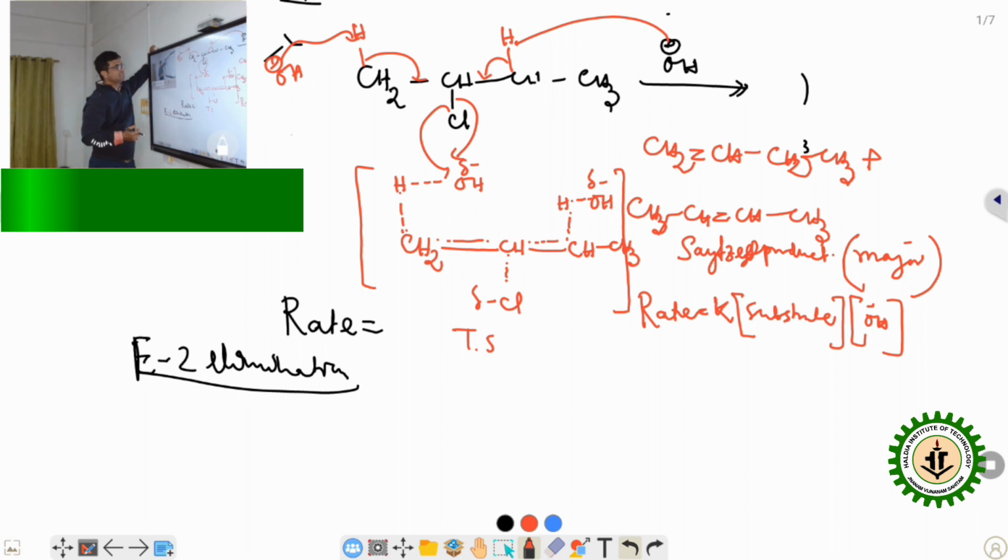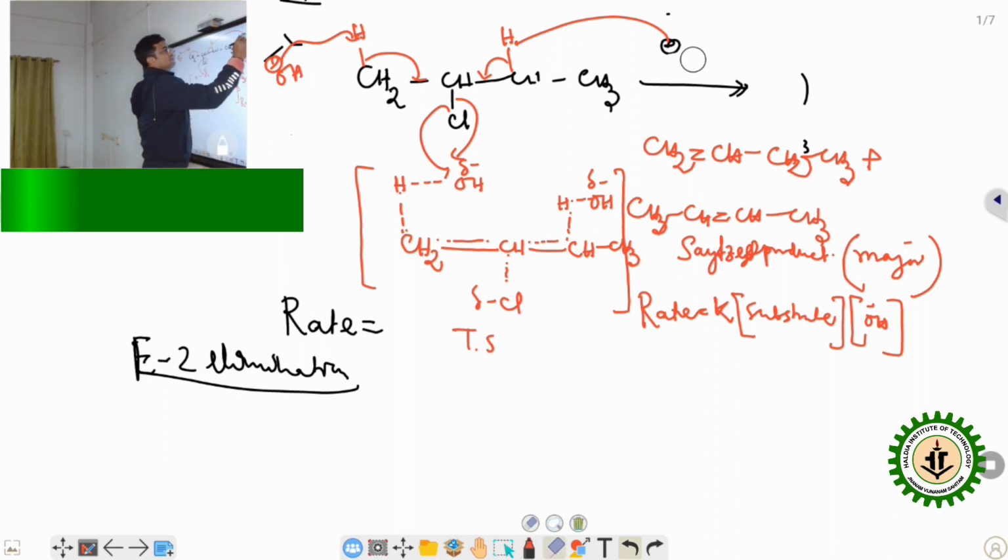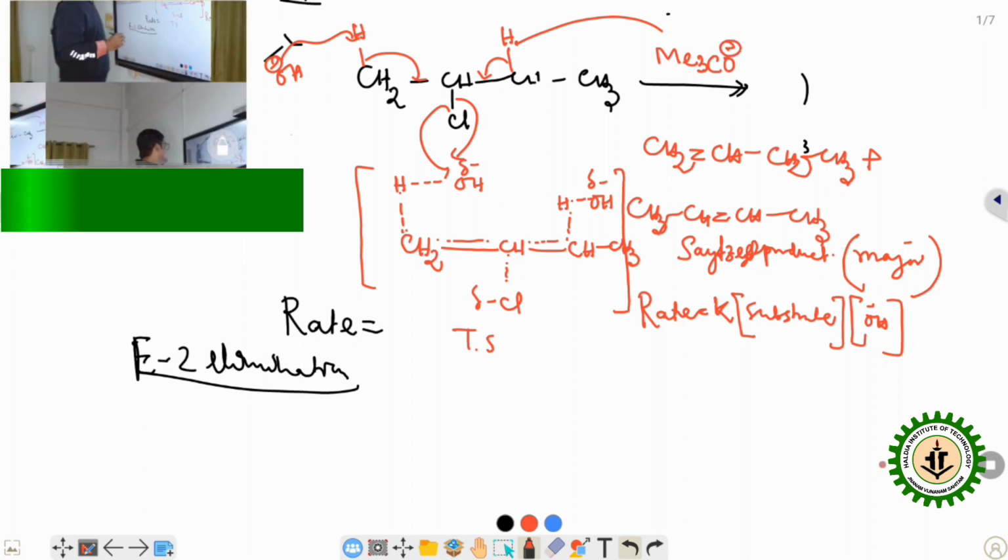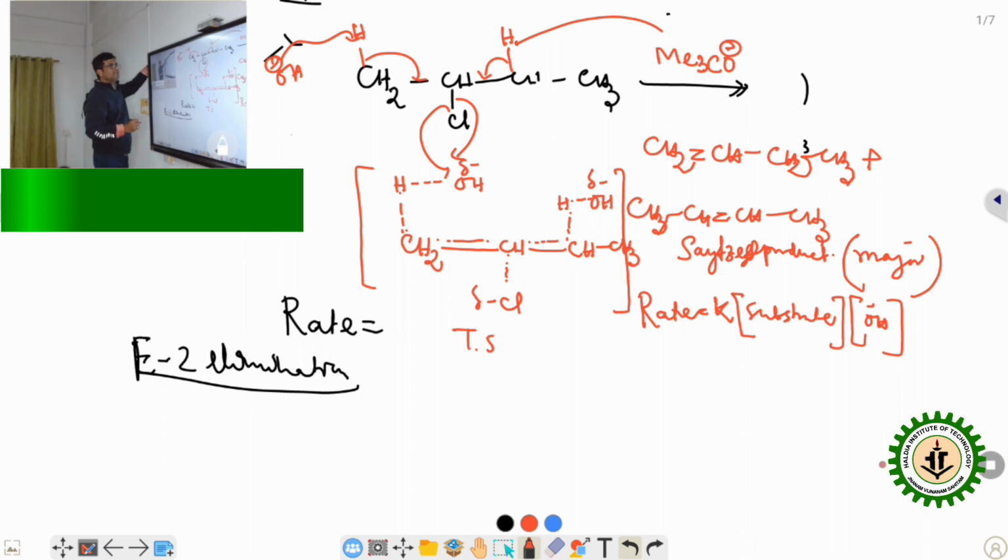How? Let us take the same kind of reaction, but if I use here a bulky base, tertiary butoxide base, this base will specifically abstract the proton from the less hindered side.